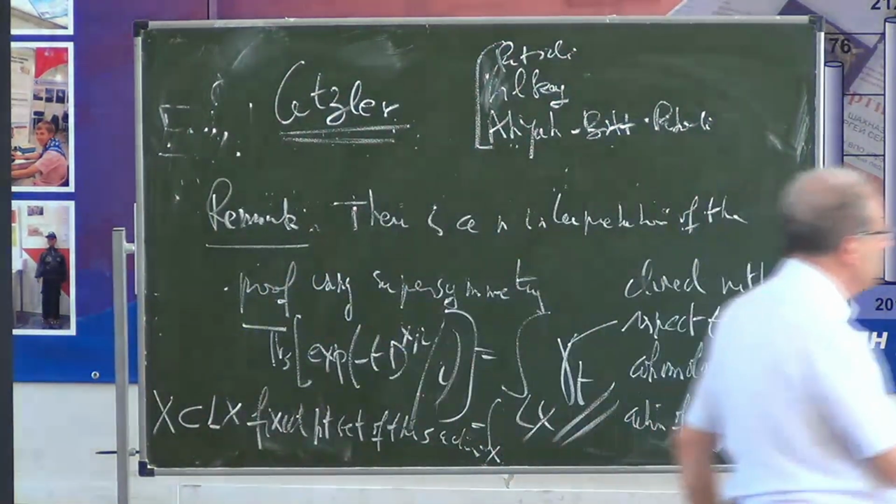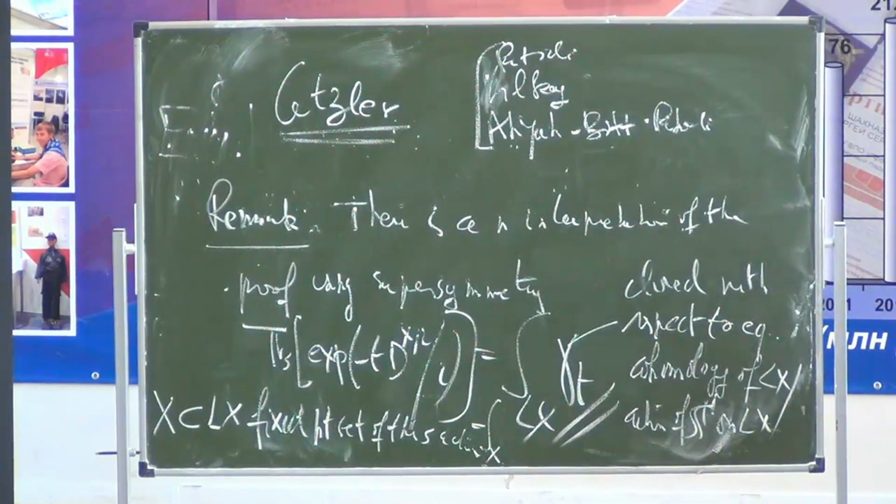Okay, so I also explained that from the Atiyah-Singer index theorem you get the Riemann-Roch-Hirzebruch formula.